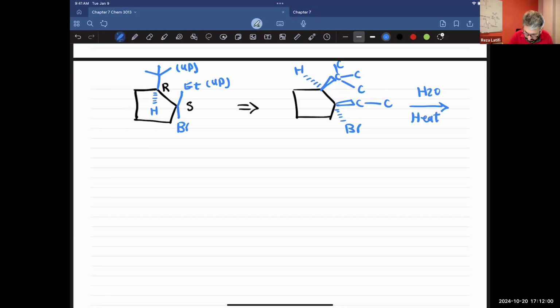First step, this is going to happen. We will get an intermediate. The intermediate is going to be this. Ethyl will be inside the plane. We will have a carbocation there. And for the next step, don't forget to show the tertiary butyl. The tertiary butyl is here, pointing up.